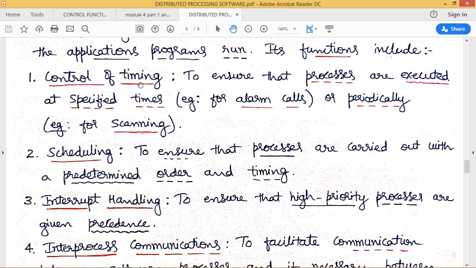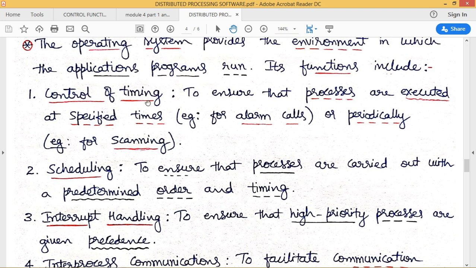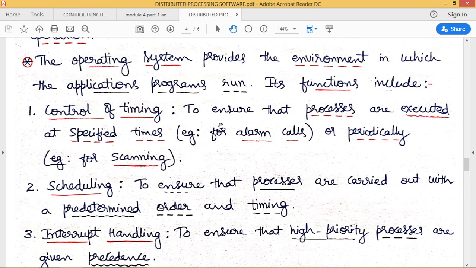An exchange must control the proper timing. So you should look at the timing associated with the establishment of the call. To ensure that processes are executed at specific times as well as periodically, controlling of timing is required. Of course, to perform controlling of timing, we will write separate functions in the form of application programs.